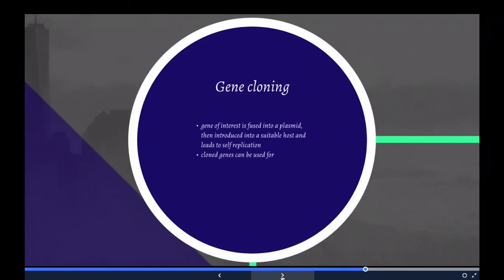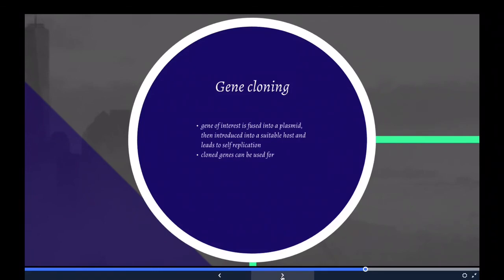Gene therapy holds promise for treating a wide range of diseases, such as cancer, cystic fibrosis, heart disease, diabetes, hemophilia, and AIDS. Gene cloning is also widely used in the field of agriculture to create new strains of crops and new and improved varieties of various fruits and vegetables.